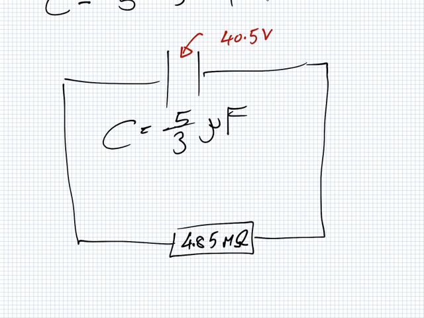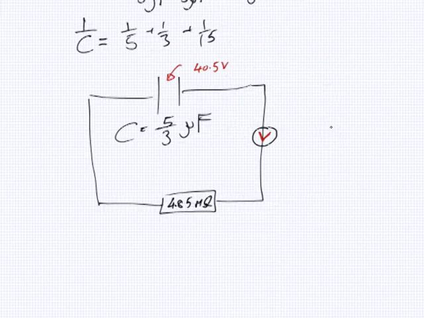So at the very beginning, what will the voltage be? It'd be 40.5, and then what happens to the voltage as the capacitor discharges? Decreases until it becomes 0, yeah. Do you remember what the graph looks like?